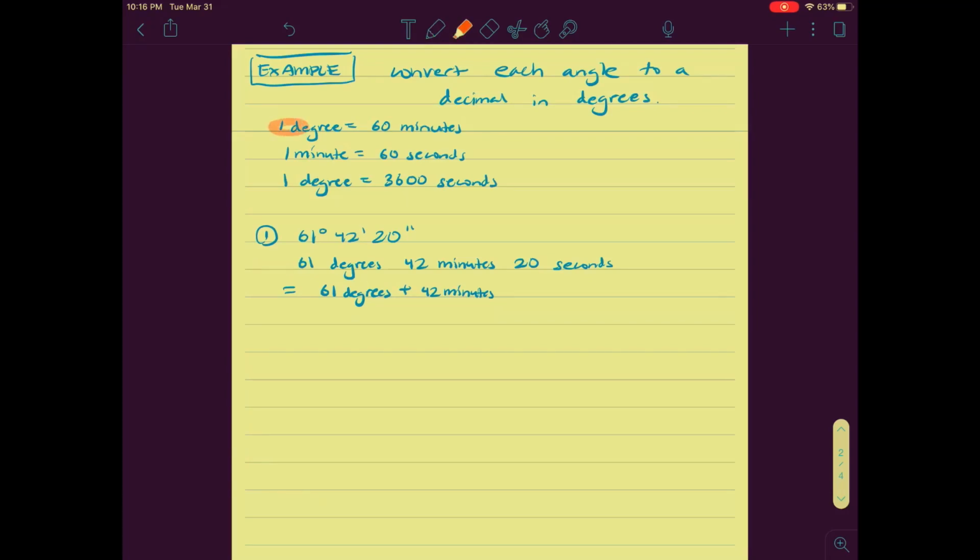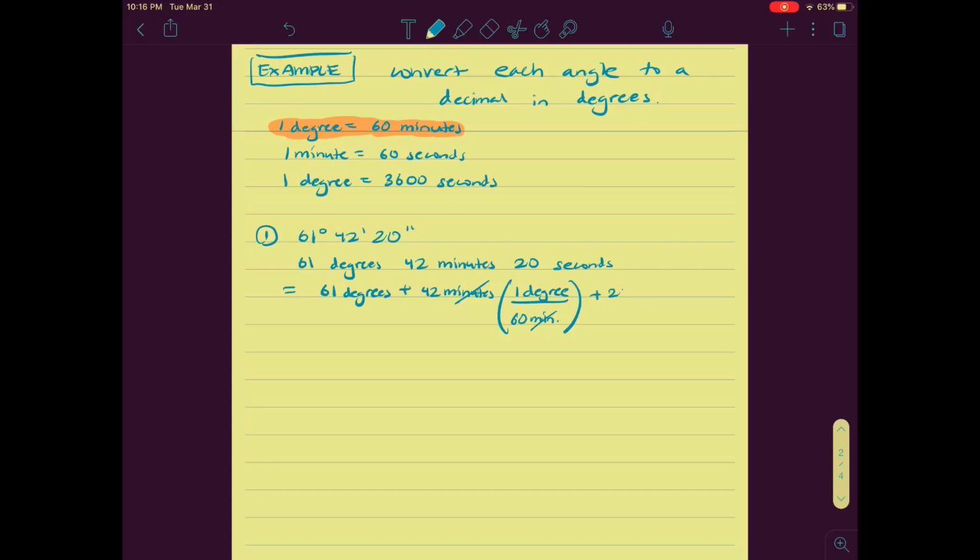We're going to use this identity to convert the minutes into degrees by multiplying 42 minutes by a ratio, where I want to make sure I have the 60 minutes on the bottom, which means I'm left with the 1 degree on top. The idea is that you want the units to cancel out, right? So the minutes will cancel out, and I'm left with degrees.